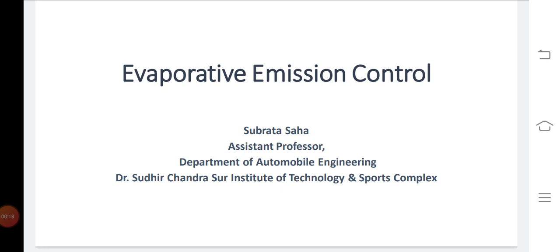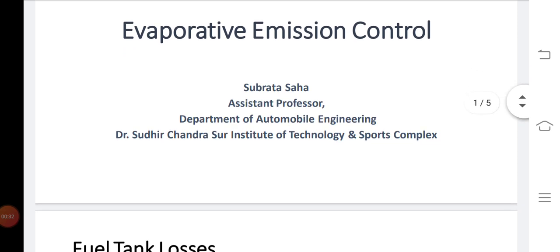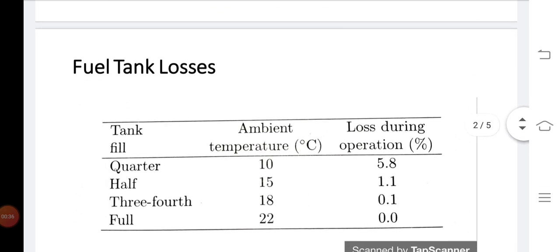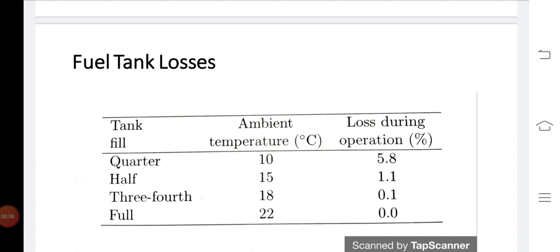Today I am going to discuss the topic of evaporative emission control. This is one of the sources of emissions by the engine in vapor form, and it accounts for about 20 to 25% of total hydrocarbon emissions.